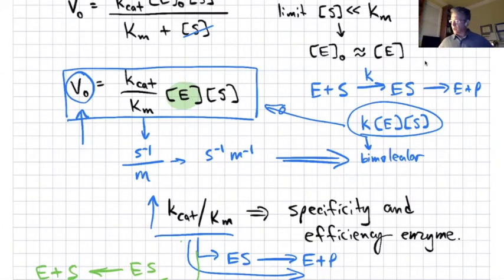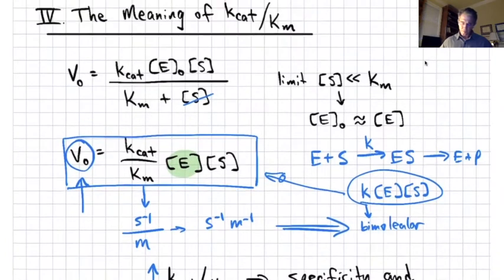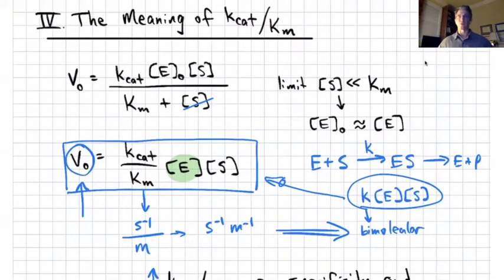Okay, so there's a problem here with how I've gone through this. The problem is that, to set this up for you guys, I've taken a shortcut. I've done this the way you often see kcat over km expressed to people, by thinking about the simple steady state initial rate equation in the limit of very low substrate concentration.